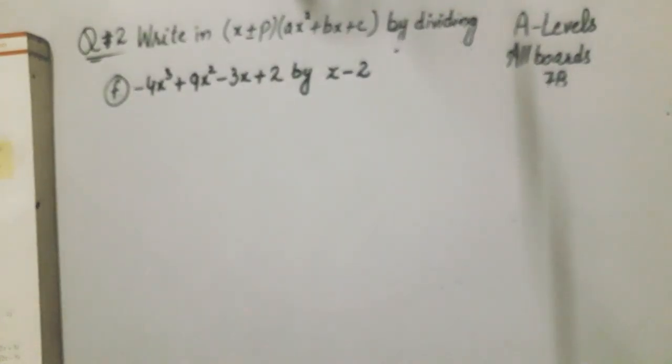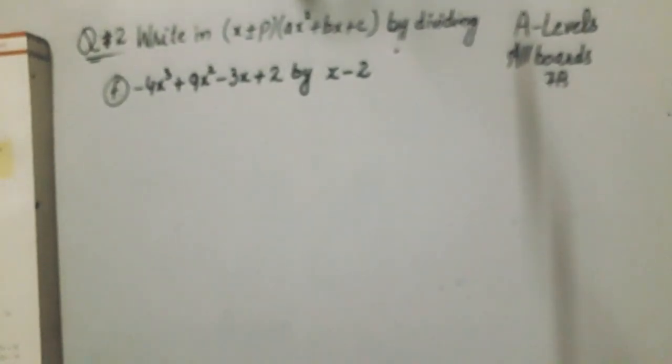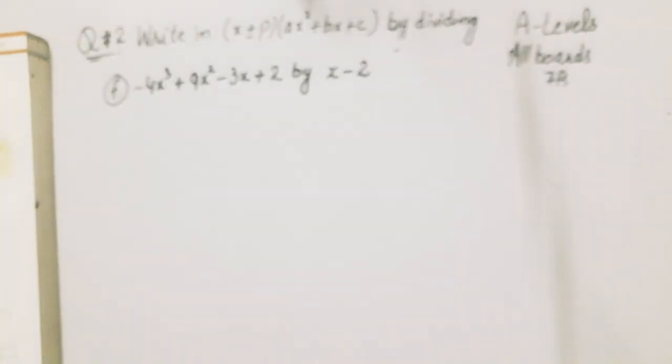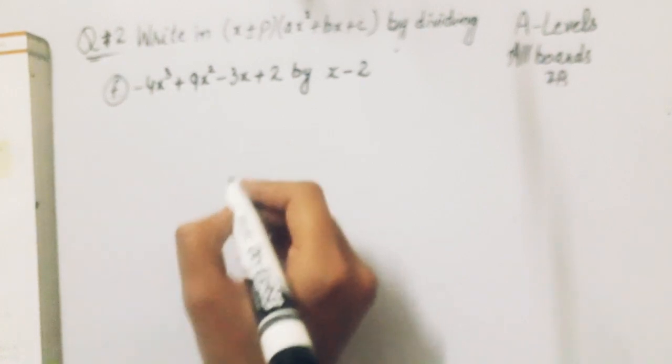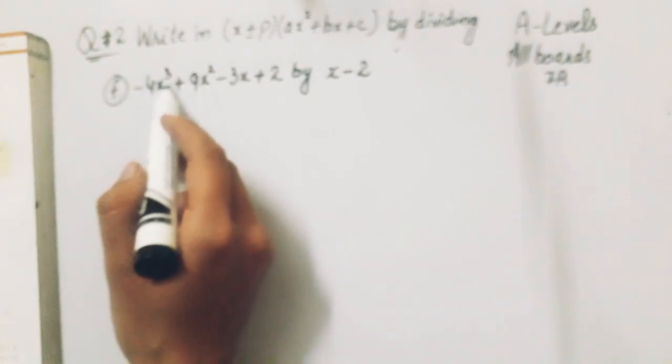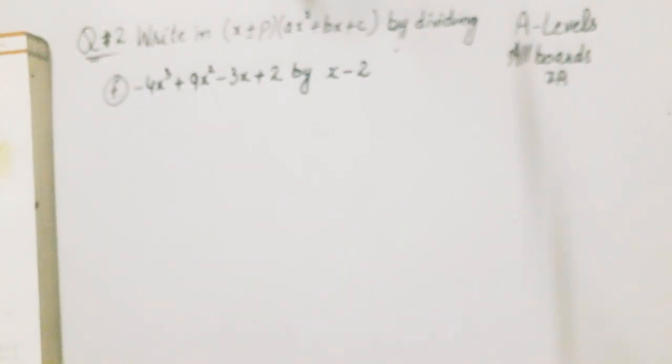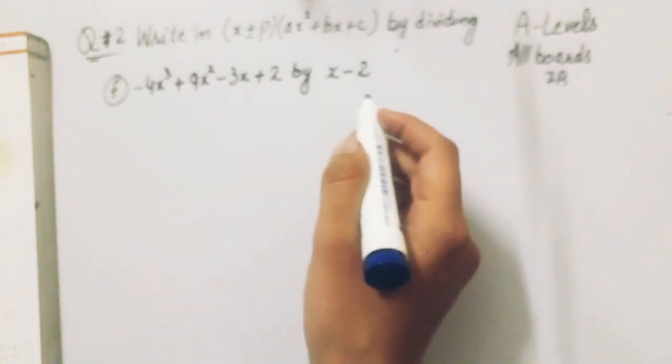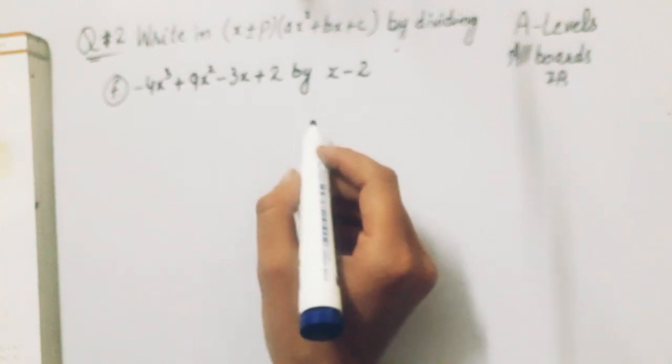Now we will solve part F of this question, that is the last part, in a very easy and simple way. So we have minus 4x cube plus 9x square minus 3x plus 2 and divide this by x minus 2.